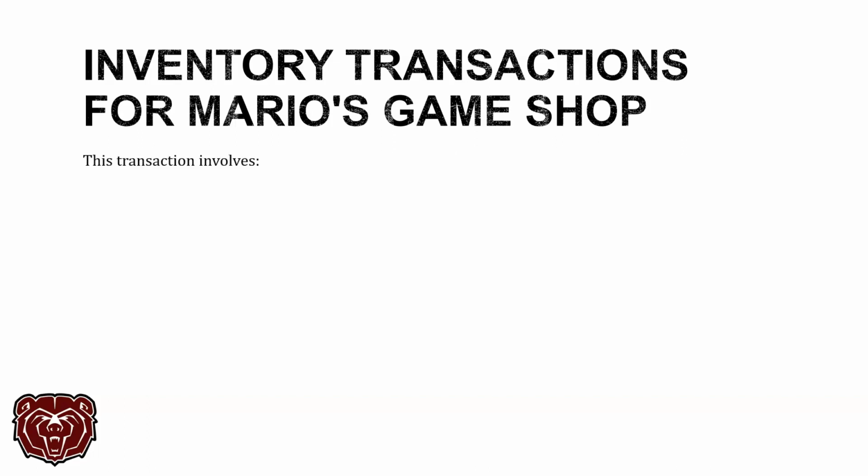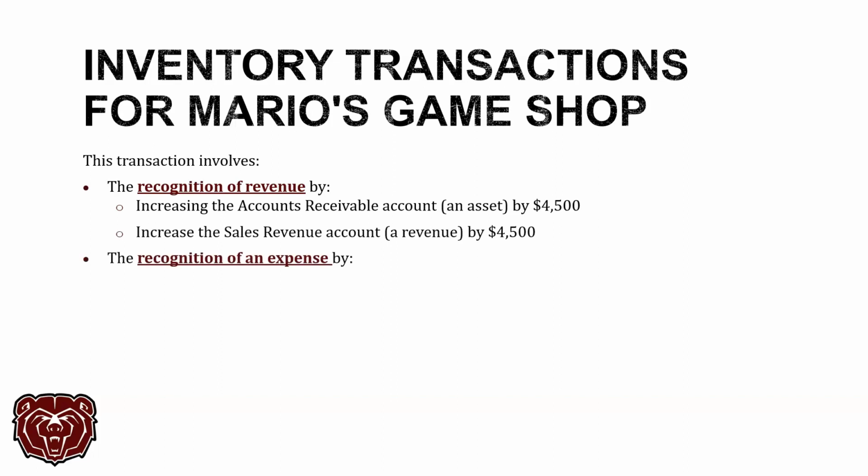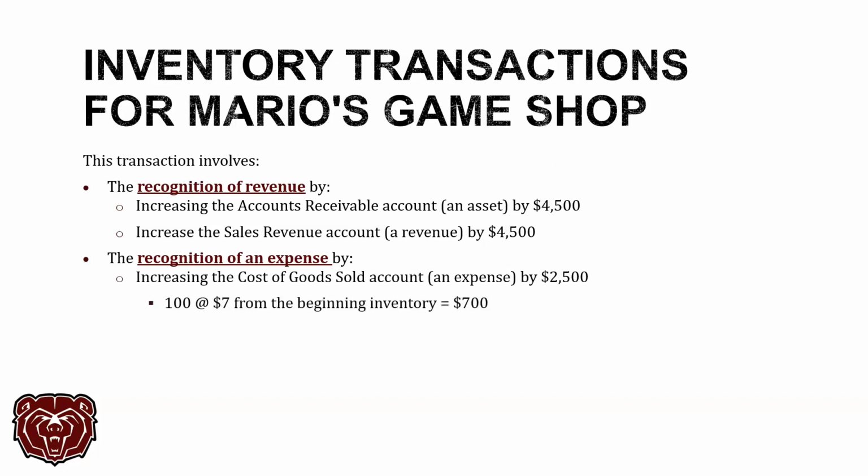Okay. So this transaction really involves the recognition of revenue by increasing AR, increasing your sales revenue account, but at the same time, we're recognizing an expense. We're recognizing the cost of goods sold account, right? 100 of those came at $700 from our beginning inventory. 200 of them came from the $9 per unit purchase on April 25th.